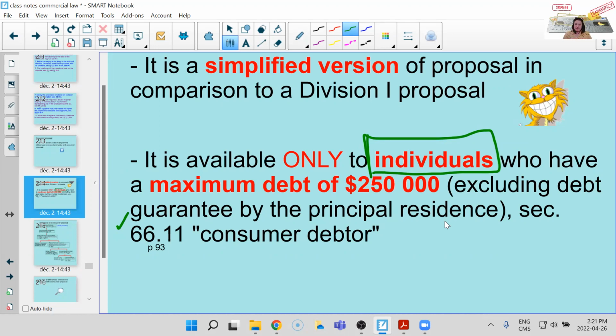For us, we'll keep it very simple. We'll use the mortgage. The mortgage, which technically we call a hypothec, is when you don't have enough money.